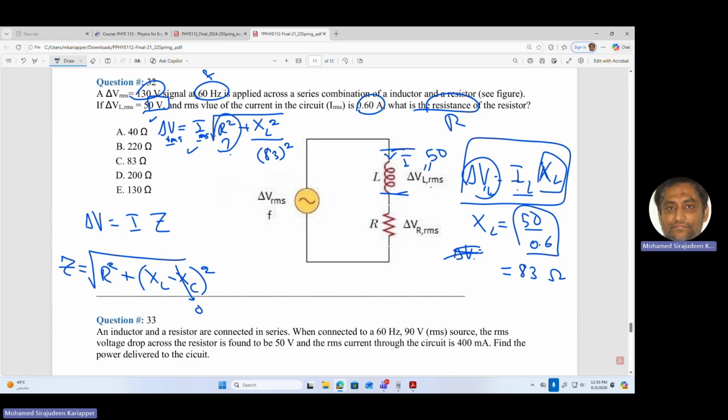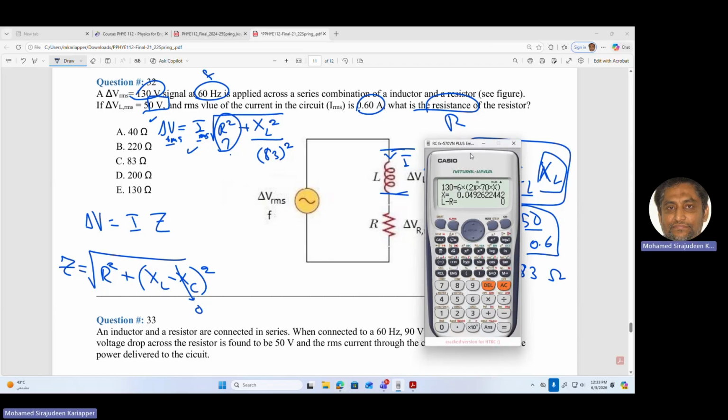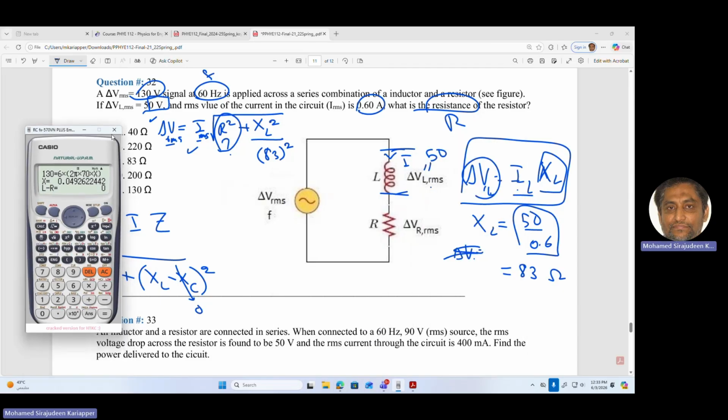And the only unknown is R. Can you do it? Okay, let me do it too. Delta V, this is 30, right? Not 50, 30. Let me clear everything. 30 equals IRMS, which is 0.6, right? Yeah, 0.6 multiplied by, oops, what did I do?